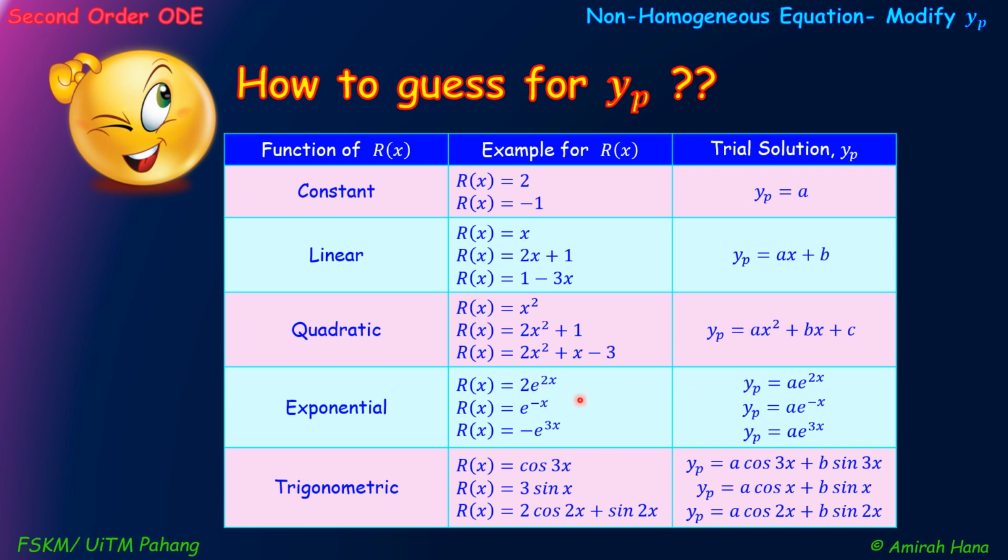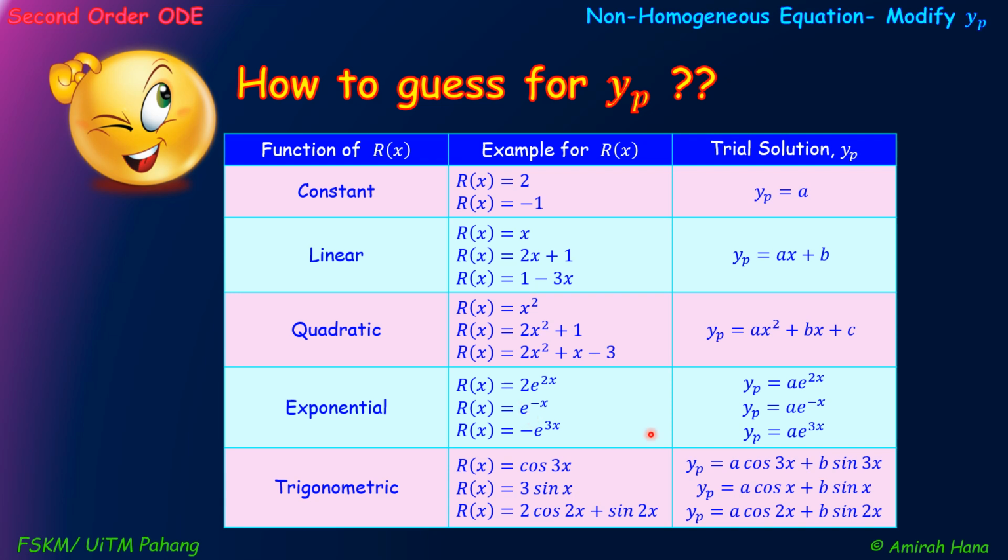For example, if we have 2e to the power of 2x, our YP equals constant A e to the power of 2x. We use the same exponential function, but we put constant A in front, since 2 here means constant, right?